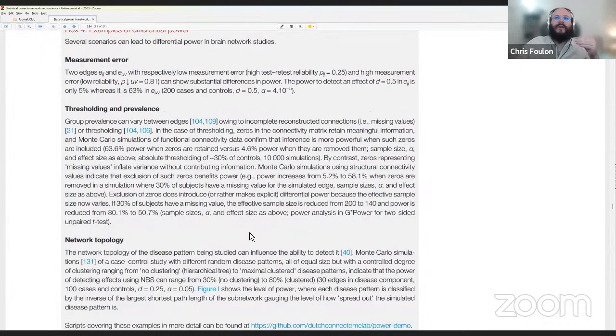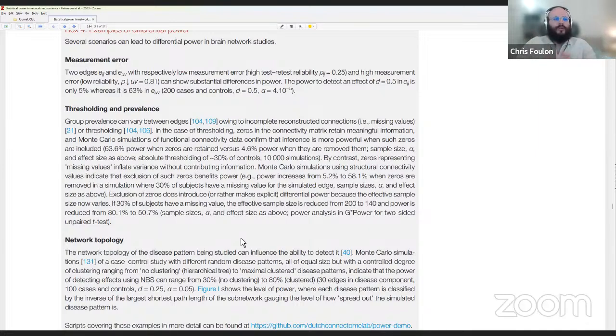You can also have thresholding that will affect different parts of the brain differently, because if connections are just inherently weaker in one part of the brain, that doesn't mean they are weaker when we capture them with our method, with our functional imaging or our structural imaging. If they are weaker, it might not be because they are weaker actually in the brain, but it might be just because of our method.